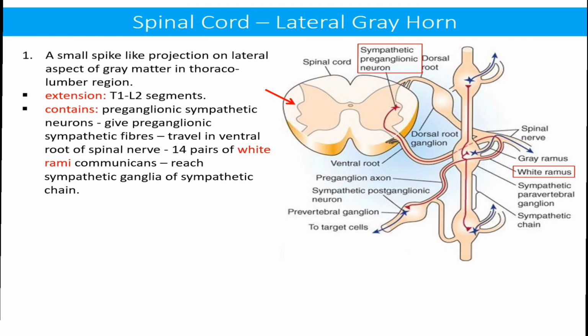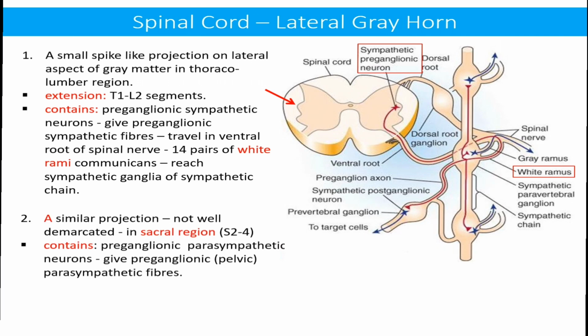It contains preganglionic sympathetic neurons which give preganglionic sympathetic fibers. They travel in the ventral root of the spinal nerve and pass out as white rami communicantes, which are 14 pairs in total. These fibers reach sympathetic ganglia of the sympathetic chain.